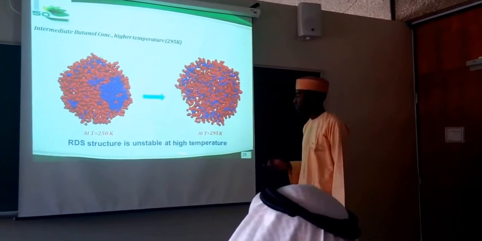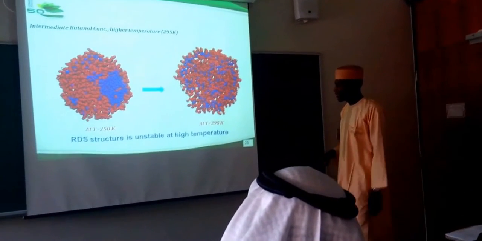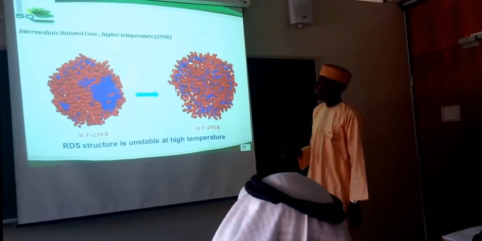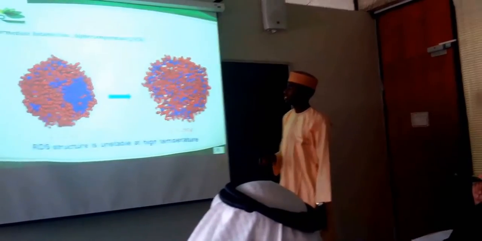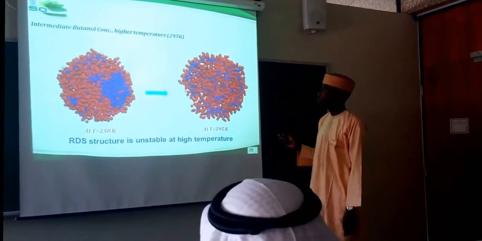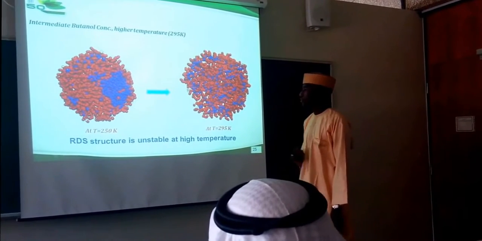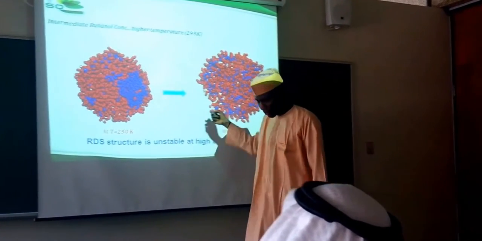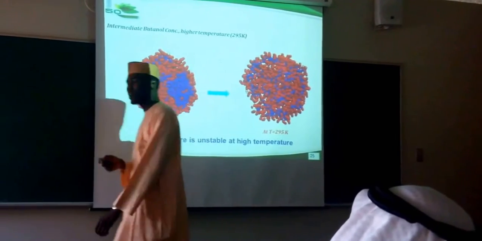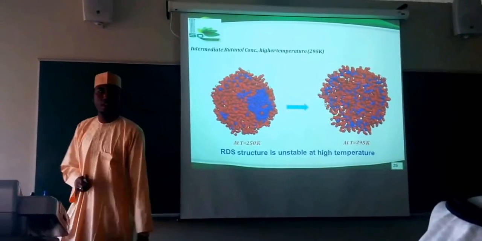And of course, at 295 Kelvin, we found out that the whole RDS structure has transformed into well-mixed structure, which means our newly discovered structure, the RDS structure, is not stable at high temperature.